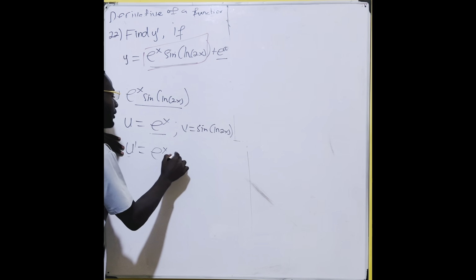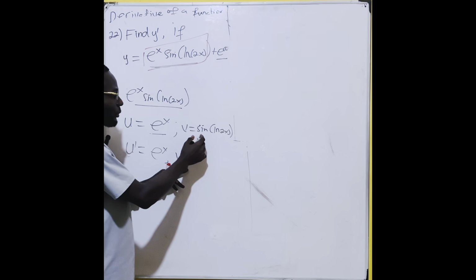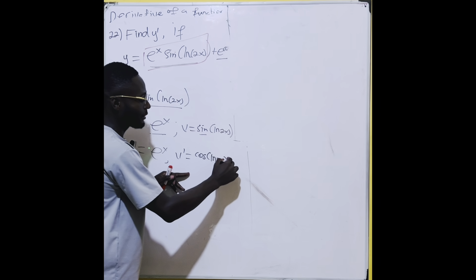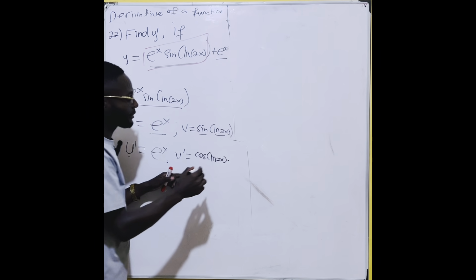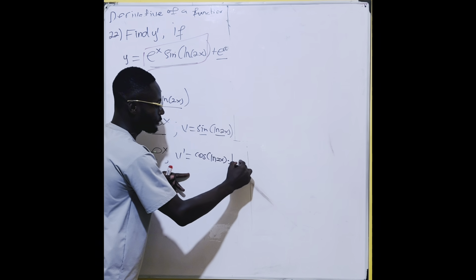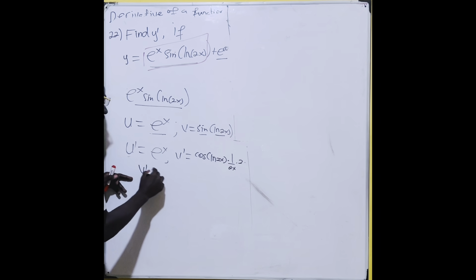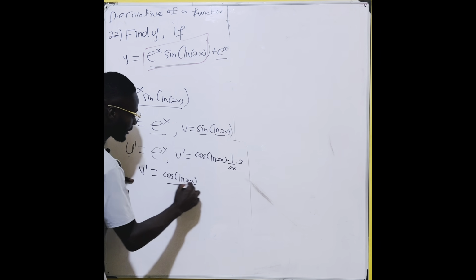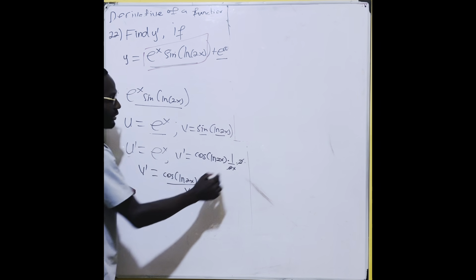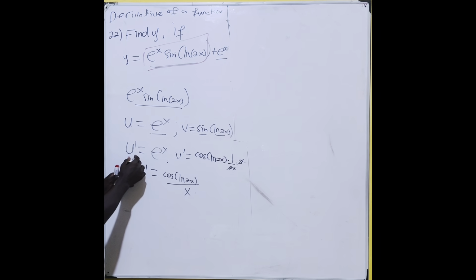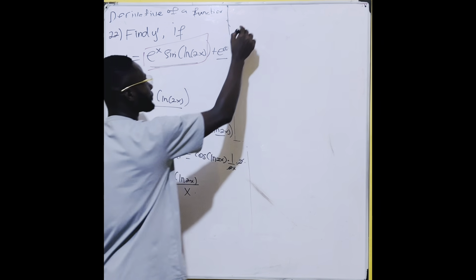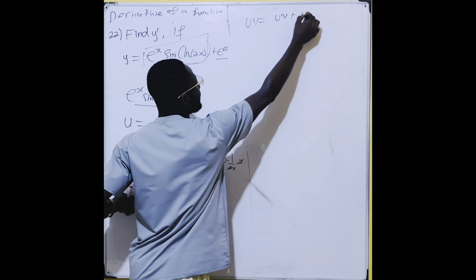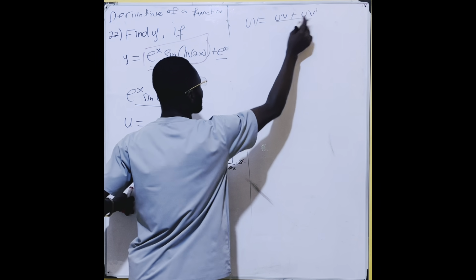So we have u prime, and v prime will be equal to, when you differentiate this, we are going to have cos into ln 2x times the derivative of ln 2x, which is 1 over 2x times 2, right? So our v prime will be equal to cos into ln 2x divided by x, because this will cancel this, right? So we have our v prime, we have u prime, u, and v. So uv prime will be equal to u prime v plus v prime u.